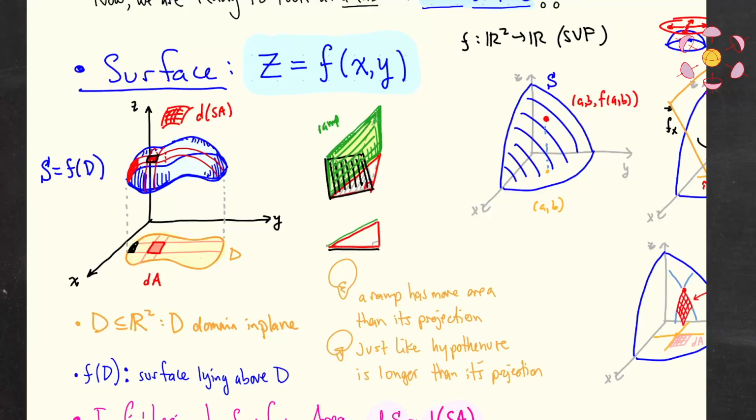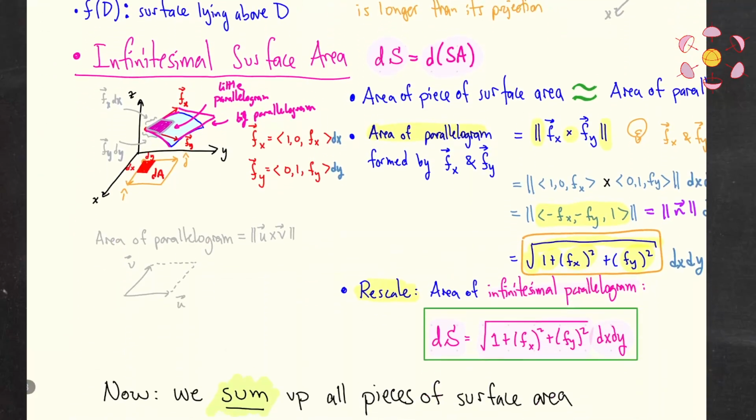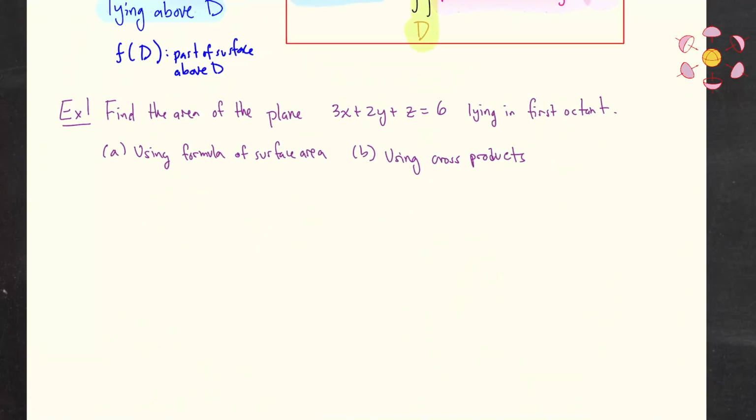Let's do at least one example. So the first example says find the area of the plane lying in the first octant using the formula for surface area and then using cross products. As you know me, I love doing stuff twice where we know how to do this because this is just vector calculus.